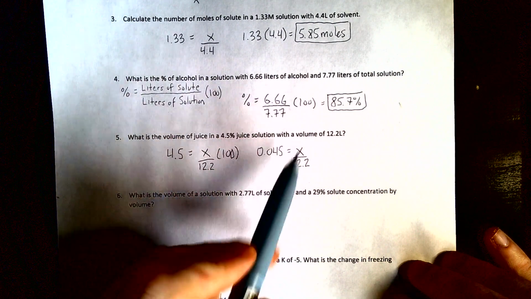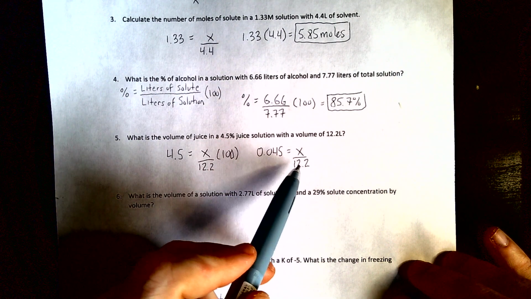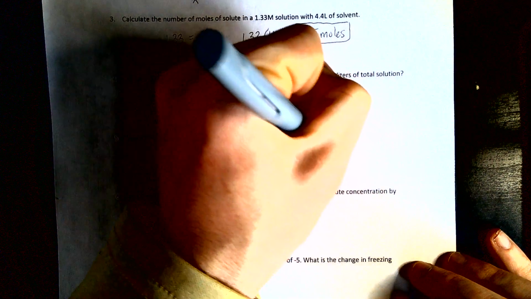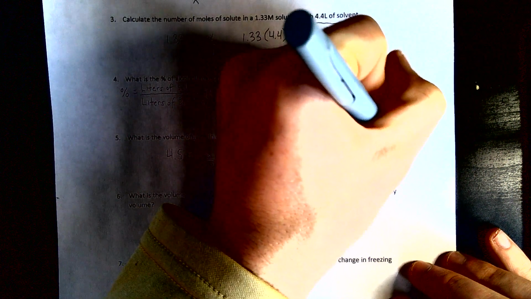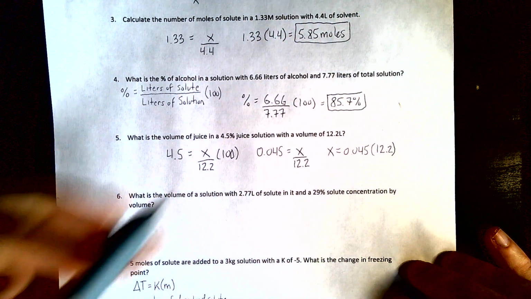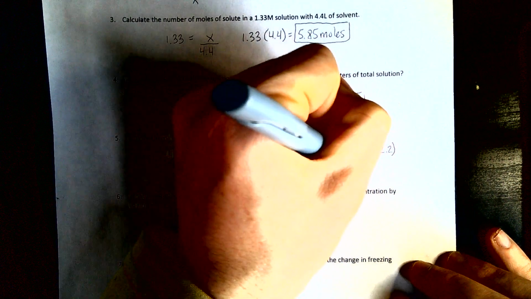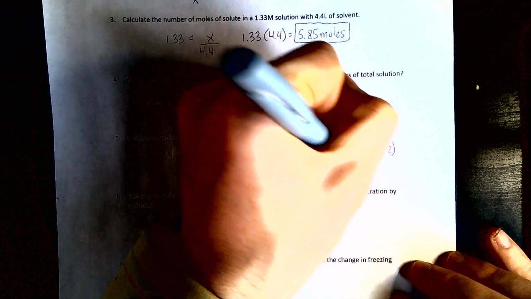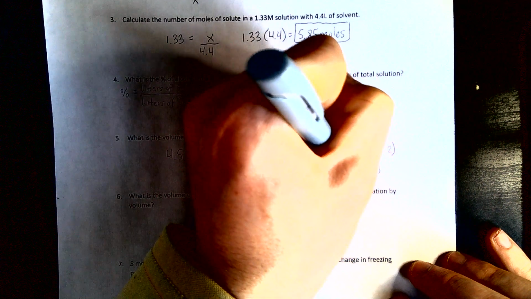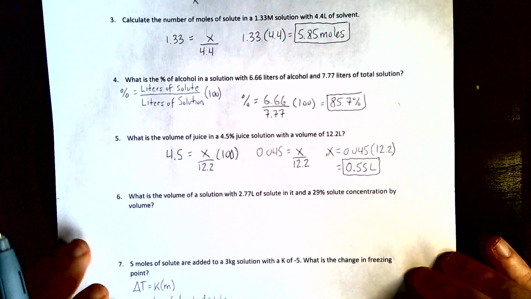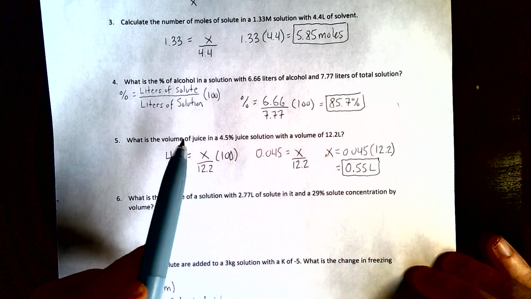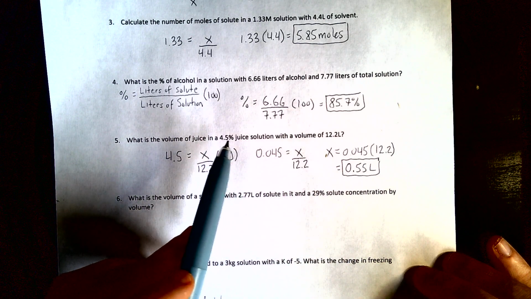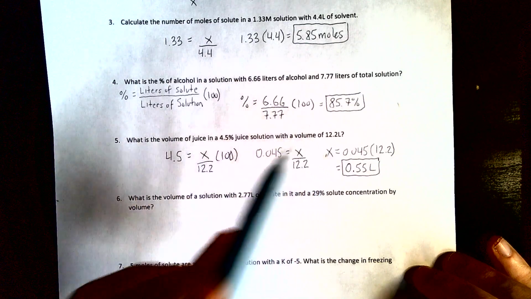To solve this, I'm going to multiply both sides by 12.2. And when I plug that into my calculator, I get 0.55 liters. So there are 0.55 liters of juice in a 4.5% juice solution with a volume of 12.2 liters.